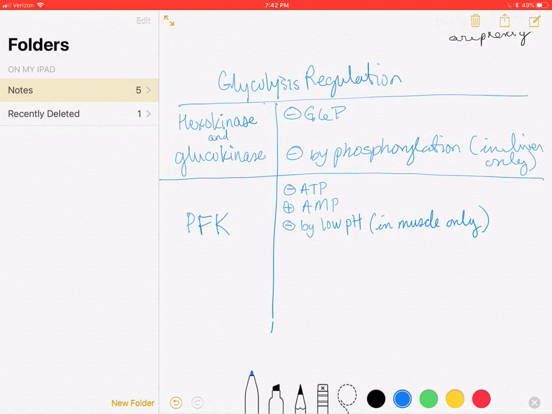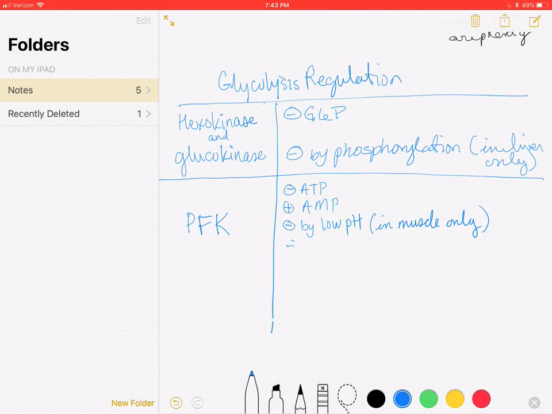When the pH gets too low, that's when your muscles start to burn and you're like, I can't go any longer. Glycolysis is stopped. PFK is inhibited by the low pH. Glycolysis stops, ATP is no longer being made, and your muscles can't contract anymore. You've got to stop your exercise.